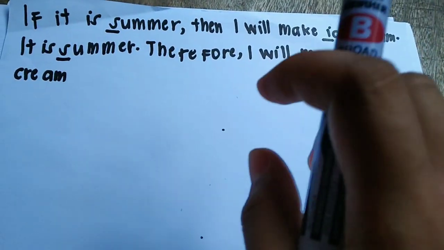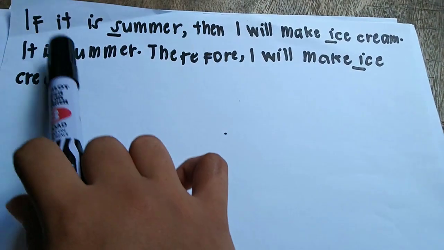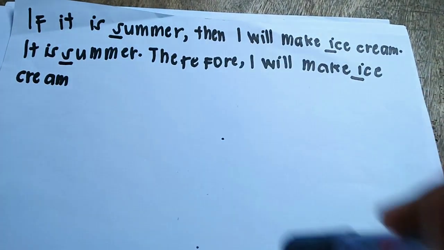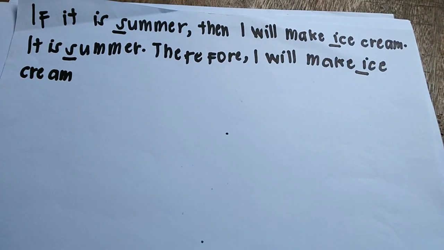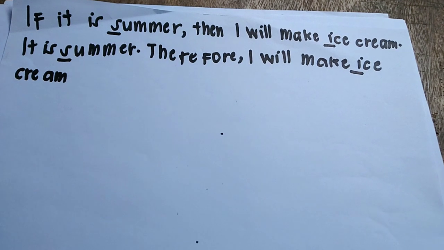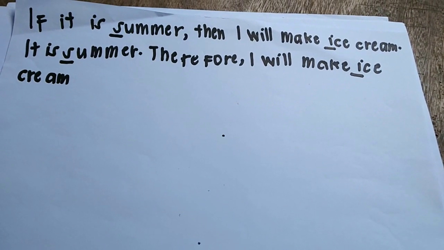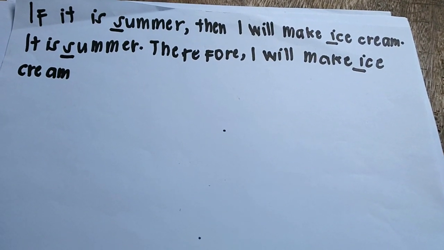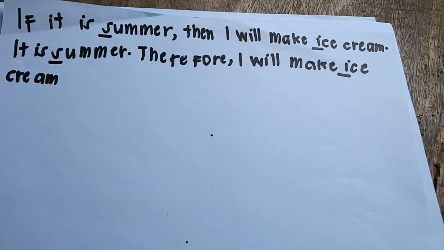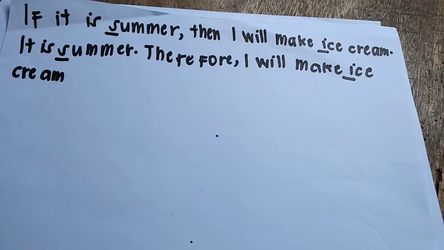So, our P here is, if it is summer, which is also our antecedent, or we denote as the underlined word S. And our Q is, I will make ice cream, or we denote as the underlined word I.